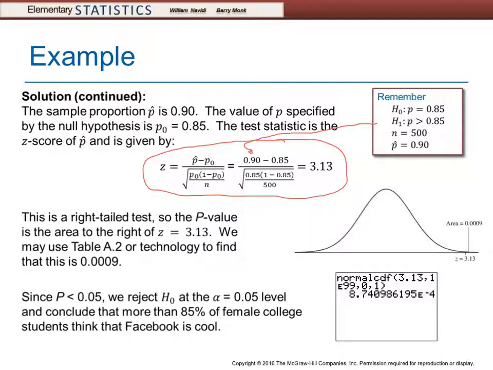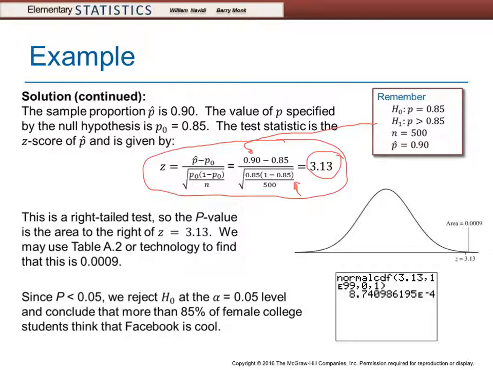So we get 0.9. This sample proportion is 0.9, and we want to test it against 0.85. So we do that, and we also do the standard error. And we get a final result of 3.30.